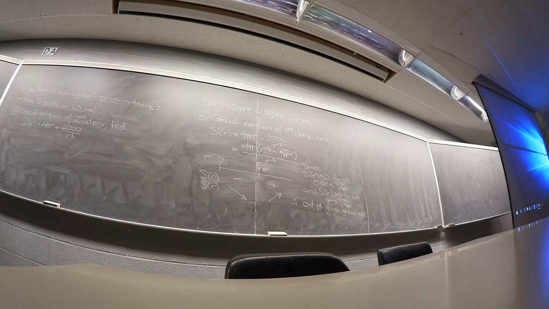Look at this thing. Again, global. You have to look at it everywhere. Normally in the second derivative test, you just look at the derivative and the second derivative at the critical point. Here you have to look at it everywhere in our domain. So for all positive r, this guy's positive, and that guy's positive, so positive plus positive is positive everywhere. That tells you you're concave up everywhere.